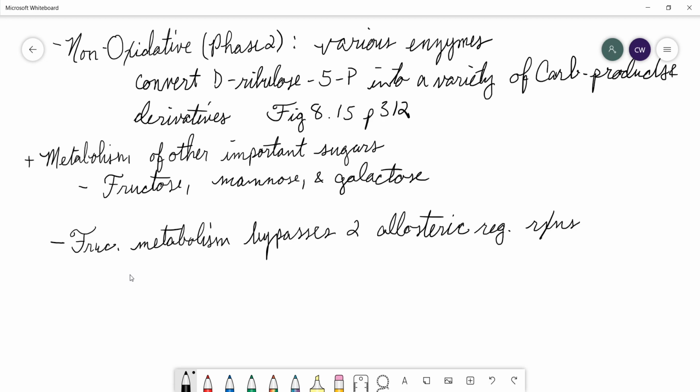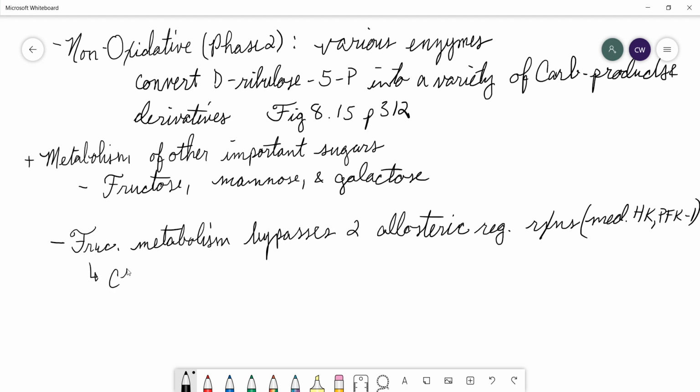It jumps the metabolic pathway. In particular, it's those mediated by one of the hexokinases and PFK1.